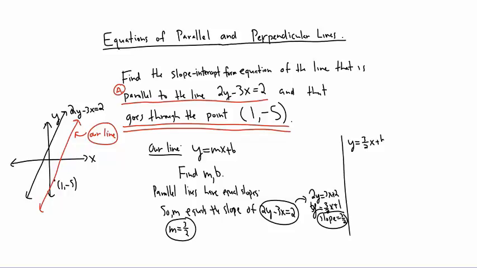How about the value of little b? So now we use this second property, that our line goes through this point, which means that 1 comma minus 5 is a solution to the equation. When we substitute those values in, we can solve for little b.